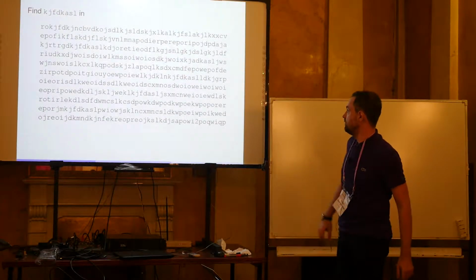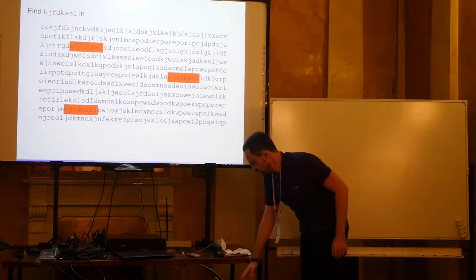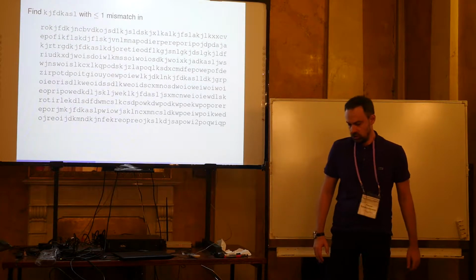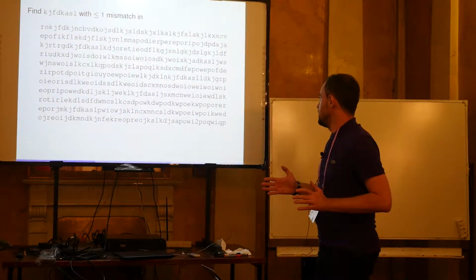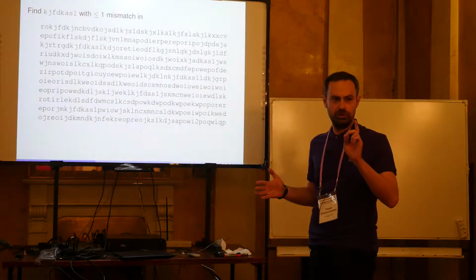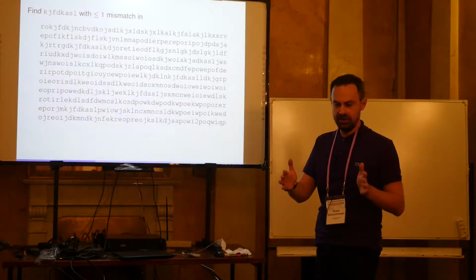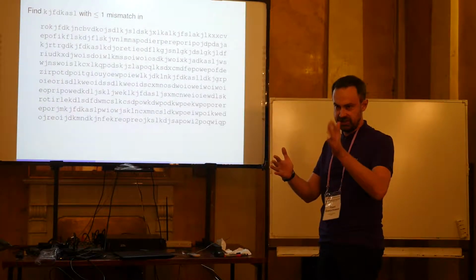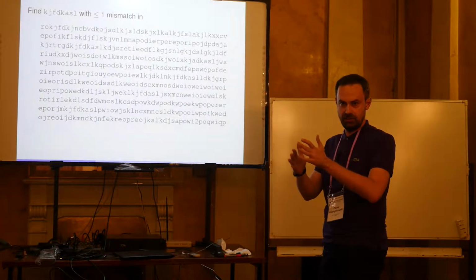Okay, so again, the same example. And for instance, you could ask about occurrences, so fragments of the text of length m, that match the pattern everywhere except for one position. So you have at most one mismatch. You look at a fragment of the text of length m, and you start comparing it with the pattern character by character, and you would like to have at most one position where they differ, and everywhere else is the same.